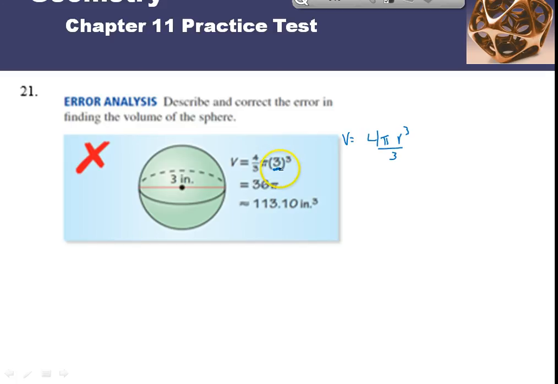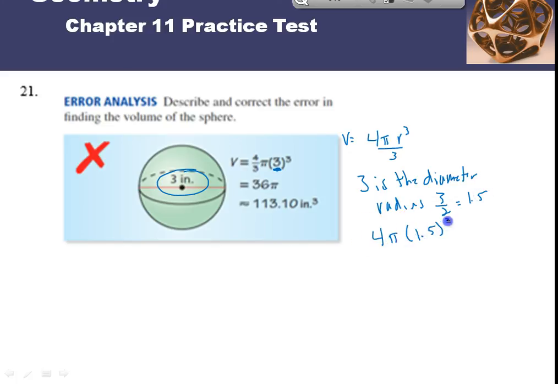Now that needs to be the radius, but the 3 is actually the diameter, so that's a mistake. The radius is 3/2, which is 1.5. So it should be 4 pi 1.5 cubed divided by 3.